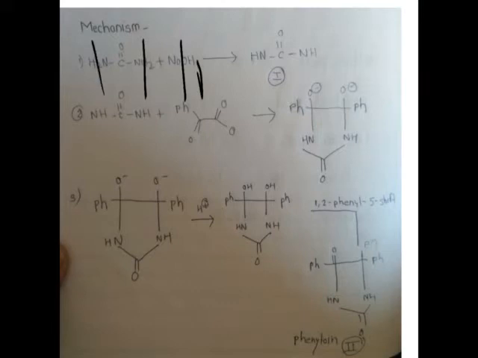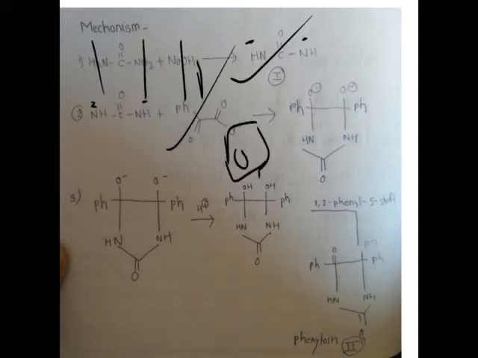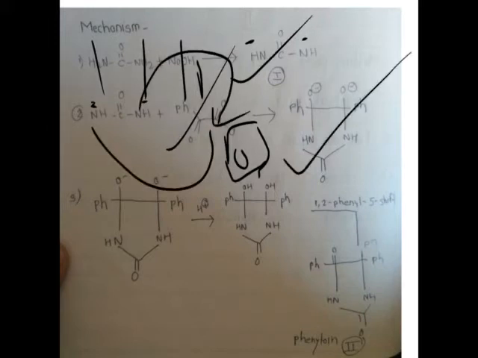So 2 water molecules are formed, and we get this NHCO NH with a negative charge on nitrogen. This type of structure is formed. In the second step, this first intermediate reacts with this benzil, which consists of 2 phenyl rings. This nitrogen binds to this carbon, and this nitrogen binds to this carbon. We get a cyclization reaction and we get this product.